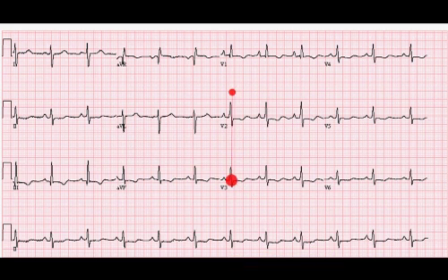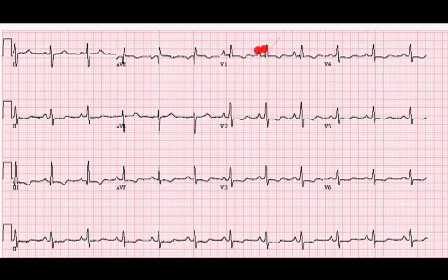Good. All right, and so here we have, once again, an abnormal V1. The RS ratio is actually positive in V1, and there is a right atrial enlargement shown by the P wave in V2, and we have ST depression in that lead in V2 and V3.